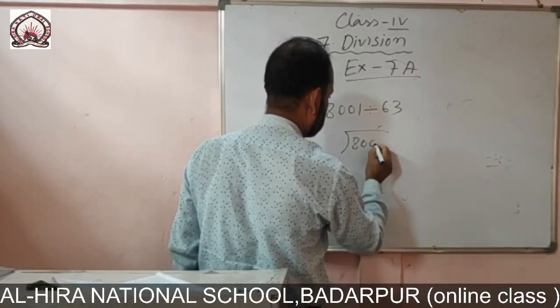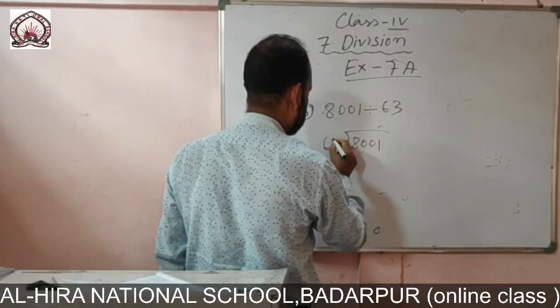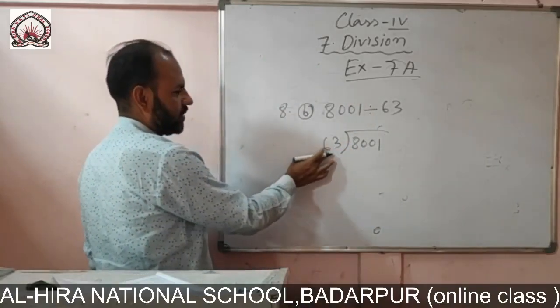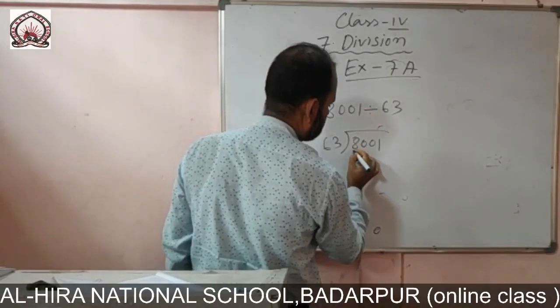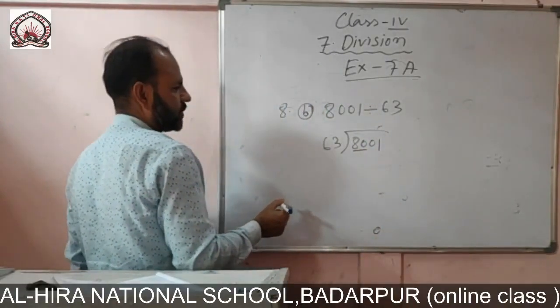So here the divisor is 2 digit, there also we take 2 digit. So 63 we divide and there is 80.